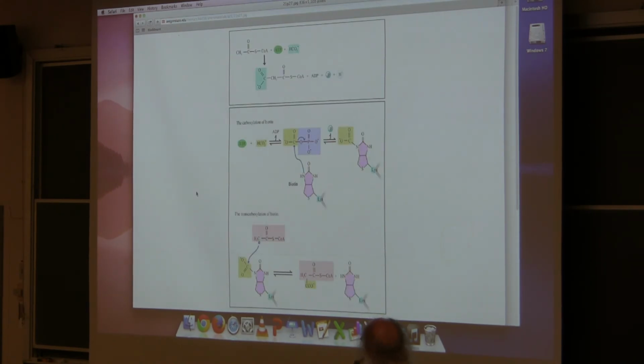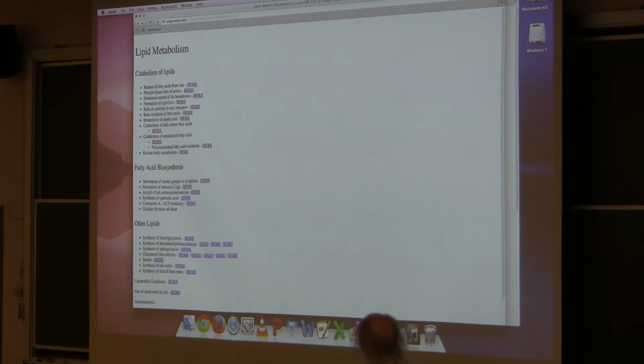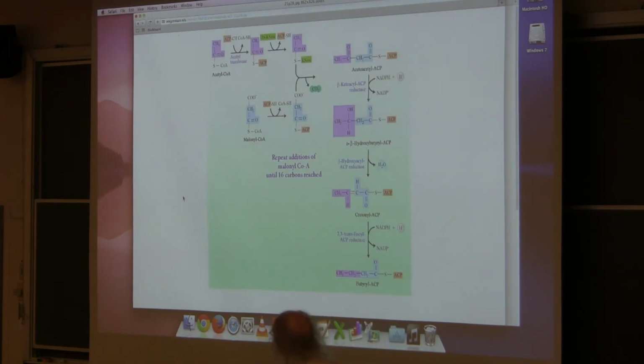There's the actual reaction. We're not going to worry about that. Okay? And here is what's happening in this pathway I'm going to describe to you. These are the steps in the synthesis of a fatty acid. You saw in the breakdown of a fatty acid that there were 4 steps in breakdown.